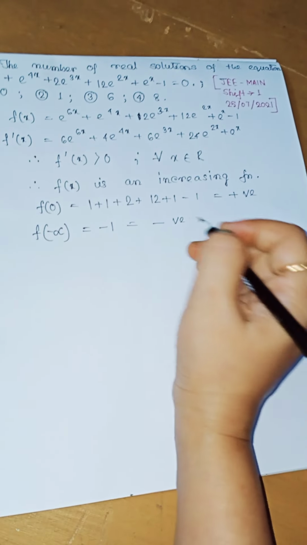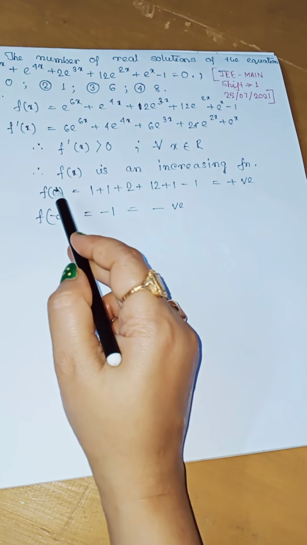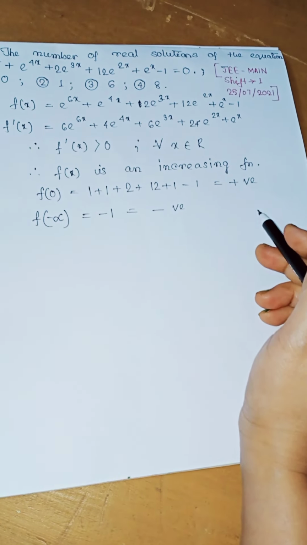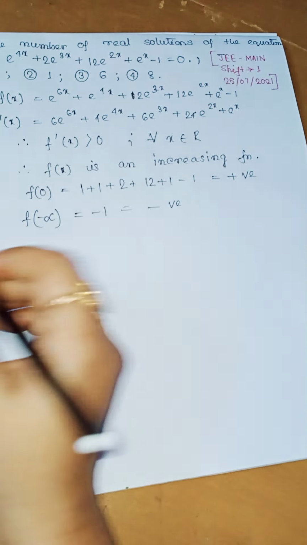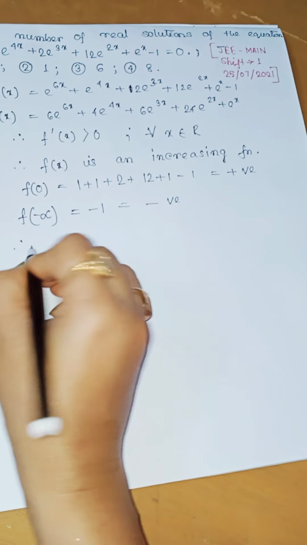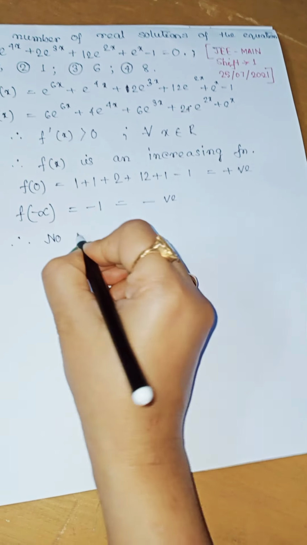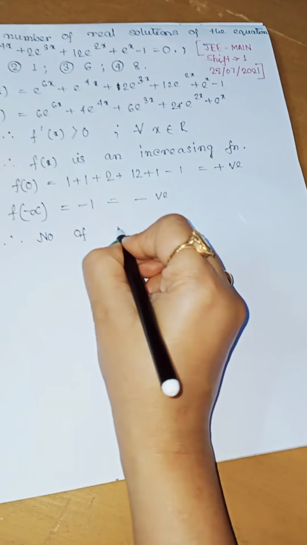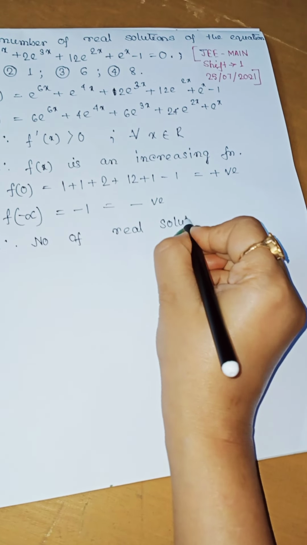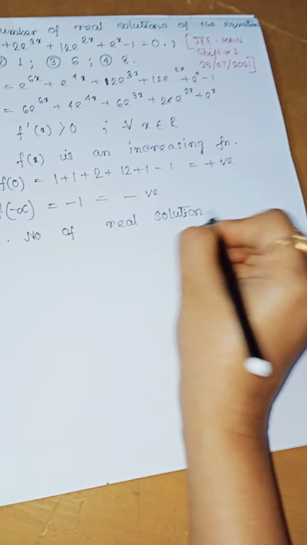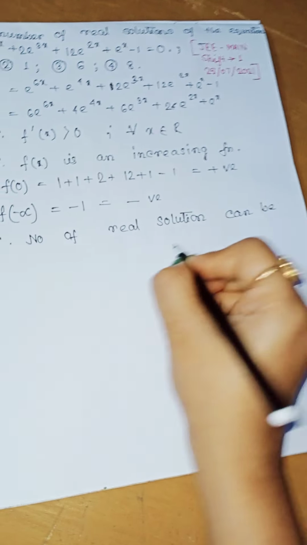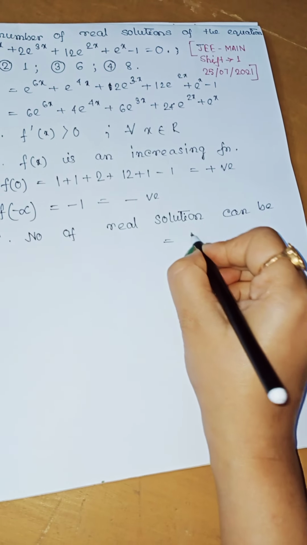So f(b) minus f(a) is negative, as we see. Now the number of real solutions must be verified: the number of real solutions can be 1.